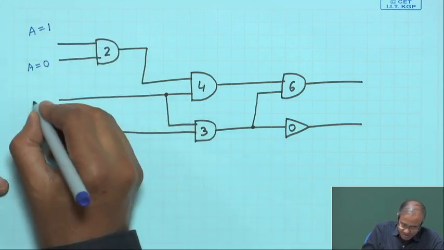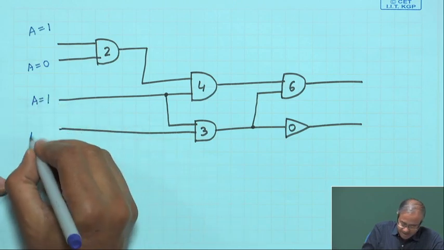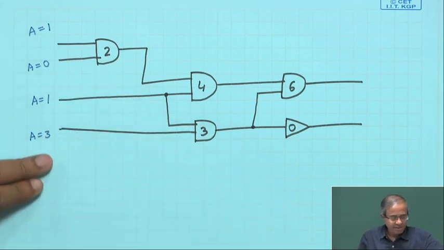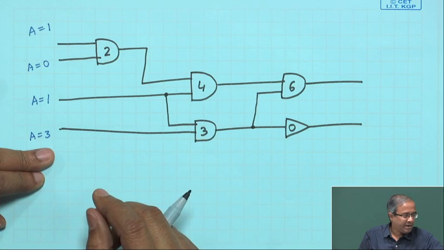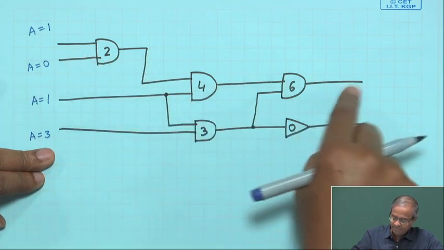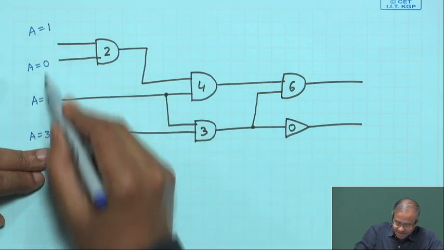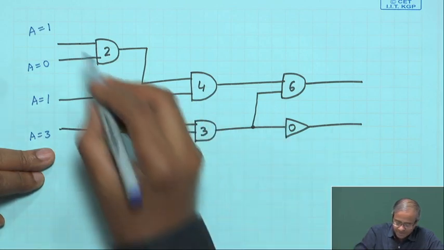This A is 1 and this A is 3. Let us say the inputs are arriving at these time steps, and initially we assume that all delay budgets are equal to 0, there is no delay.